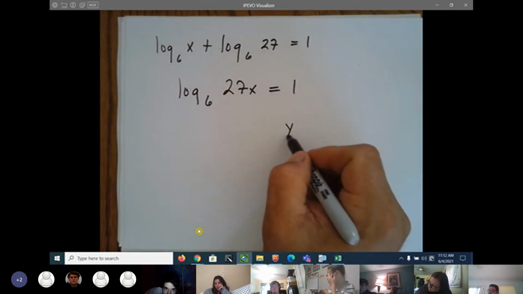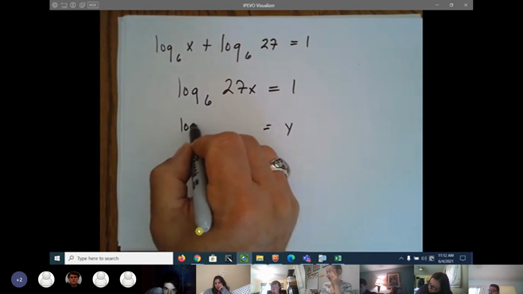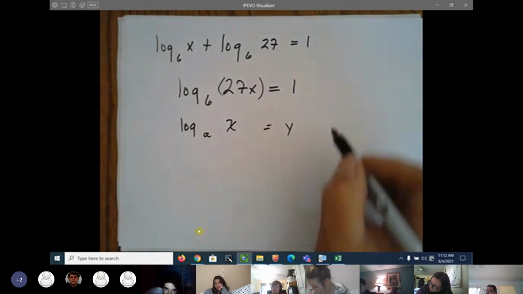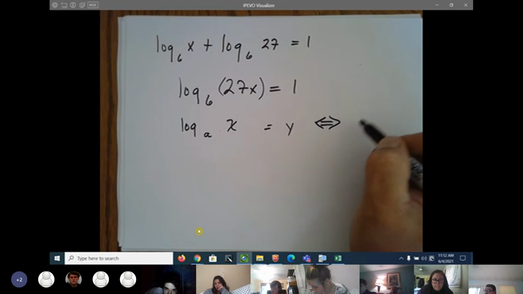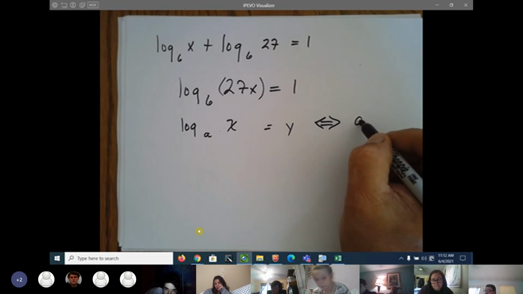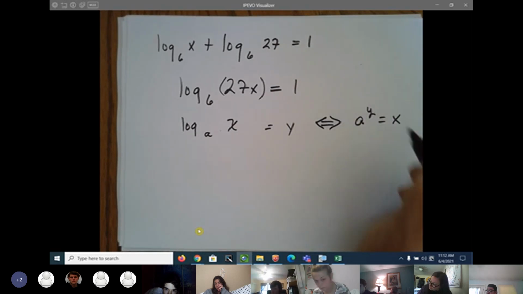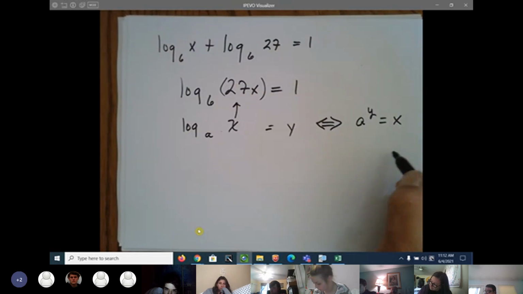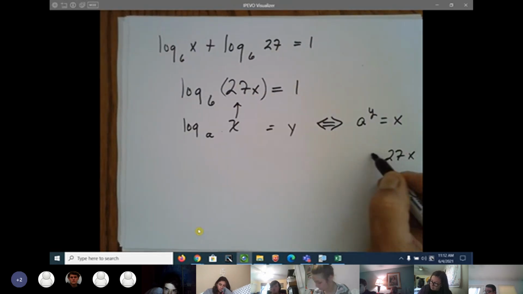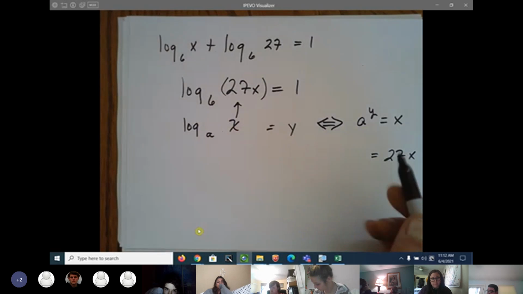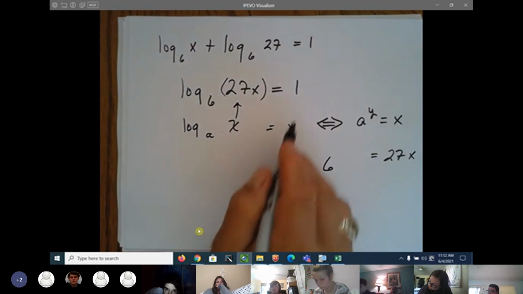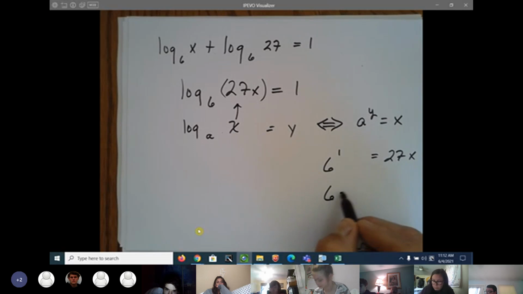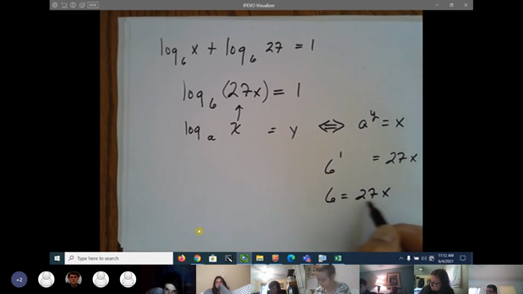So y is equal to log base a of x yields a to the y is equal to x. So there's 27x, and a is 6, and y is 1, and 6 is equal to 27x.